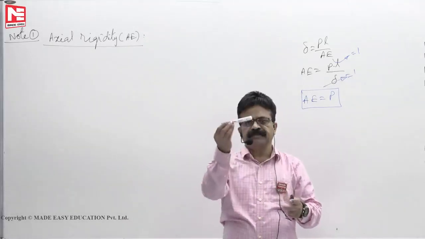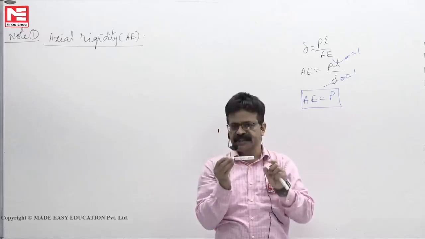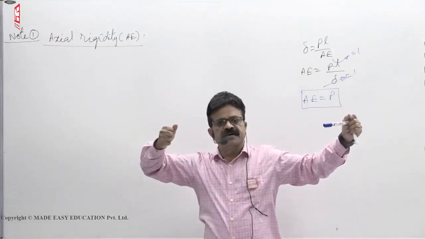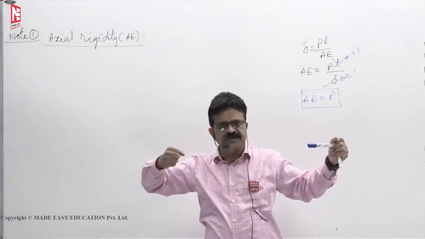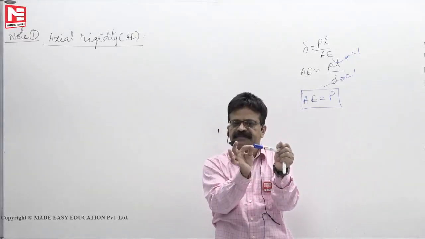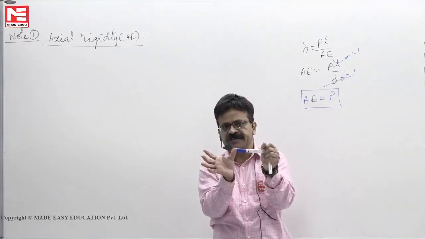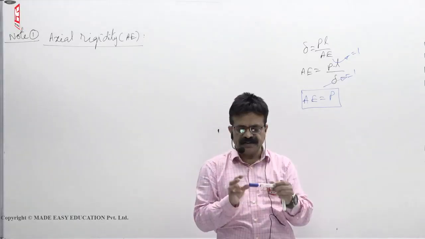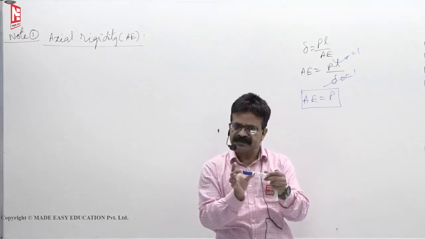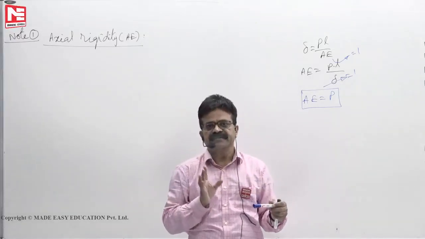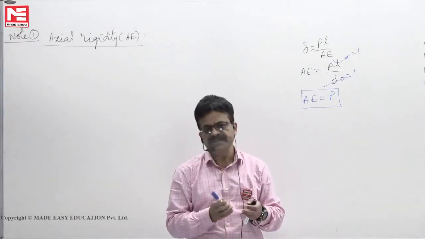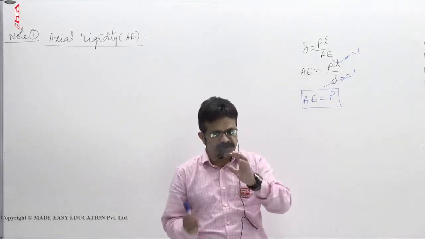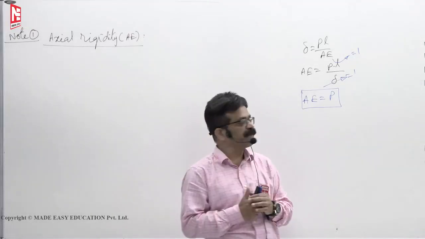Assume that you have say a pen like this, pen length is say 10 centimeters. Hold it, pull it like this. How much load you have to apply so that this 10 centimeters length will elongate by another 10 centimeters. That load required is called axial rigidity. We assume that till that time it is in the proportionality limit or elastic limit state. So that load we call it as axial rigidity.